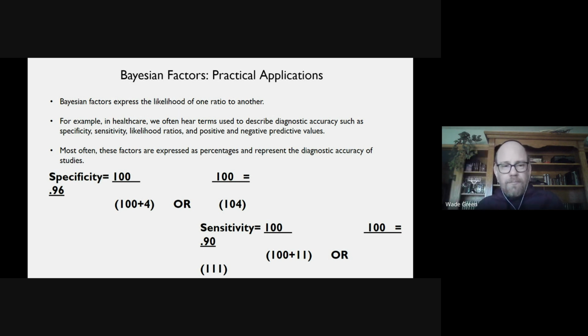Okay, so here's an example. Specificity is the ability of a diagnostic measure or test to detect a negative result when the disease is absent. So to truly be negative in someone who is healthy and does not have the disease or condition of interest.